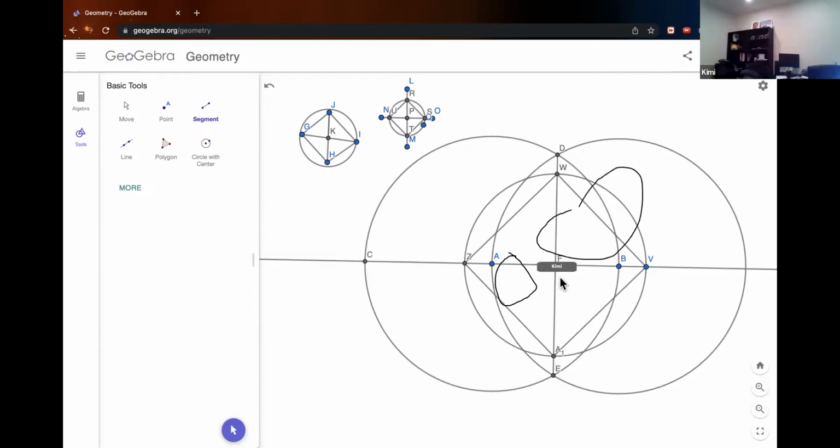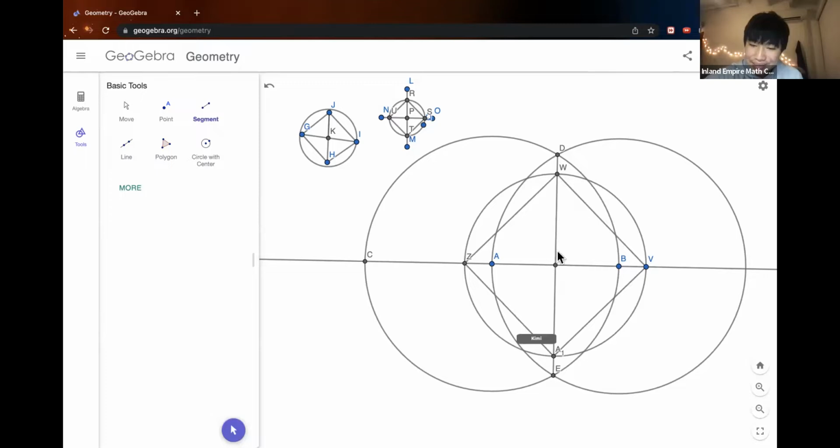And also WF equals FV, which equals FA, which equals FZ. That means that we have defined all these properties of a square, and we know that these 4 points fit those properties. They're all the same distance from their diagonals' intersection point, and the intersection point has 4 90-degree angles on it.